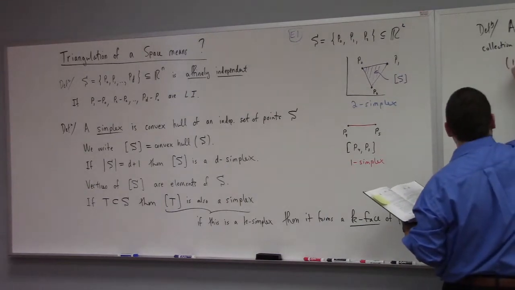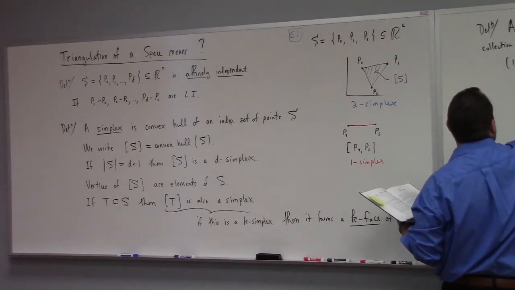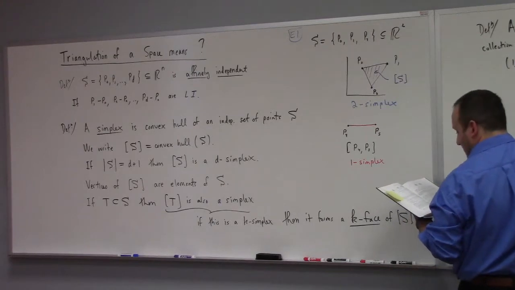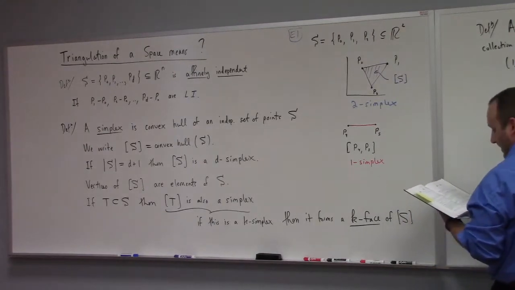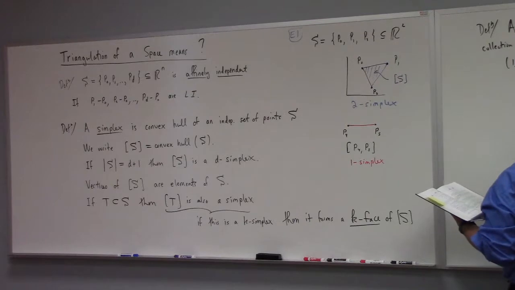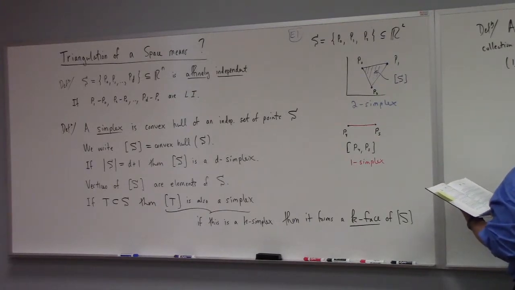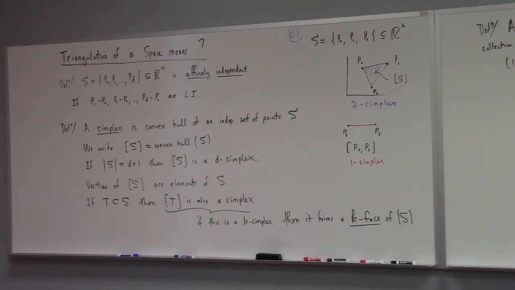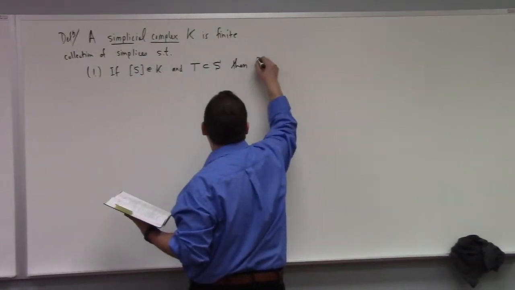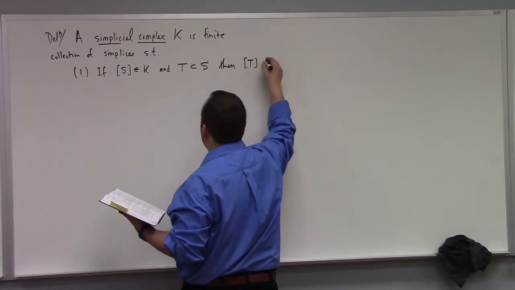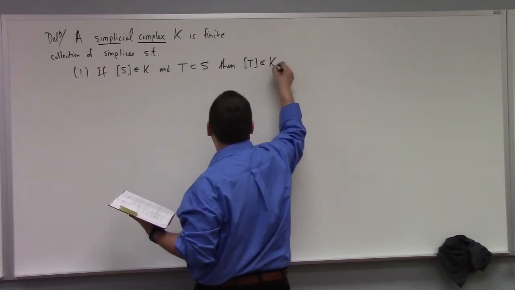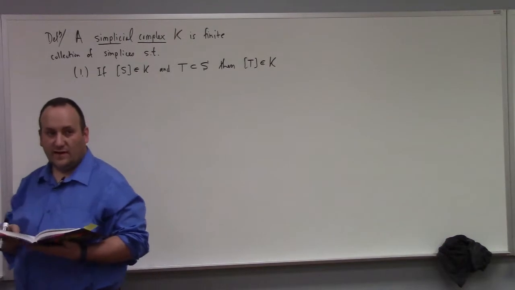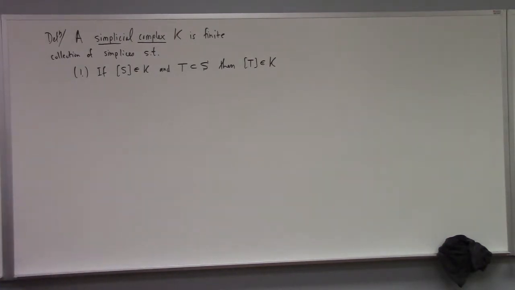One, if S is a simplex in K and T is a subset of the vertices of S, then guess what? The simplex generated by T must also be in the simplicial complex. In other words, if it has a D simplex, it must have all the faces of the simplex also in the complex.